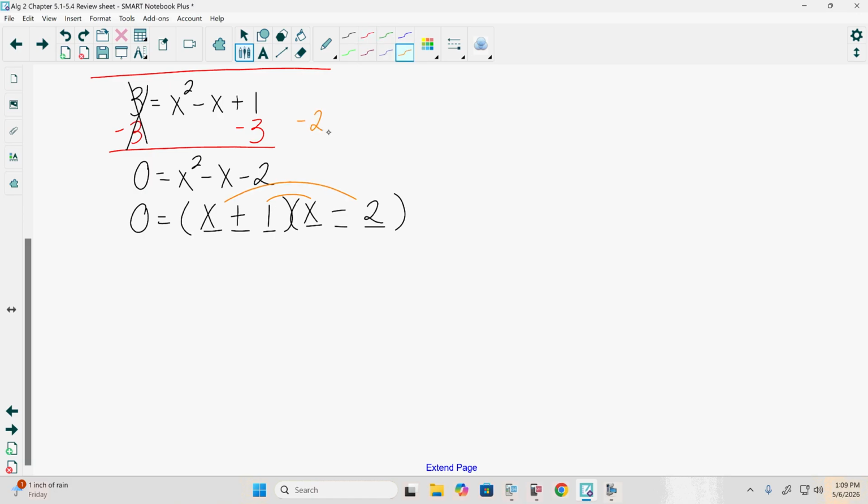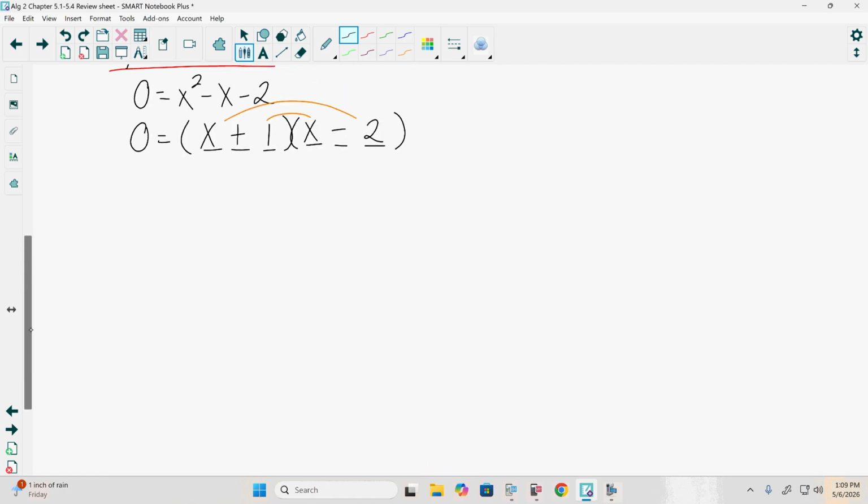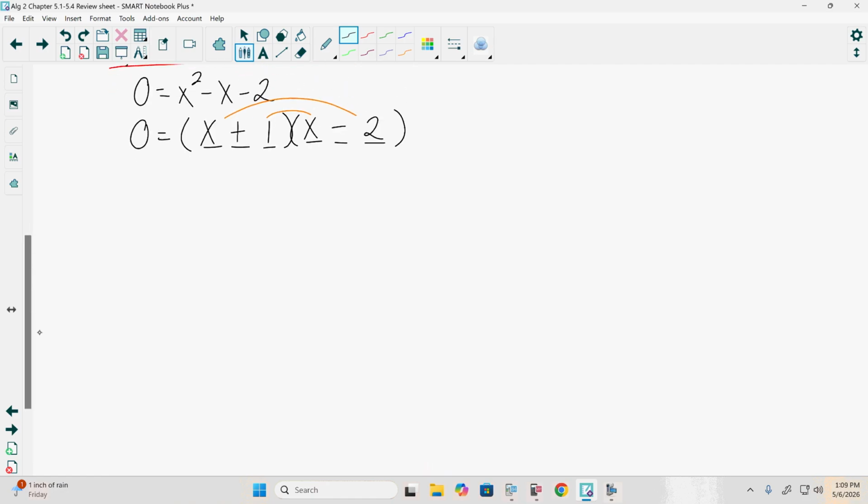X times negative 2 would be negative 2x. 1 times x is plus x. Negative 2x plus x, negative 2 plus 1 would indeed give us our negative 1x, negative x that we wanted. It might have looked like at a certain point that it wasn't factorable, but it is. It wouldn't have been factorable if that had been plus 2 instead of minus 2.